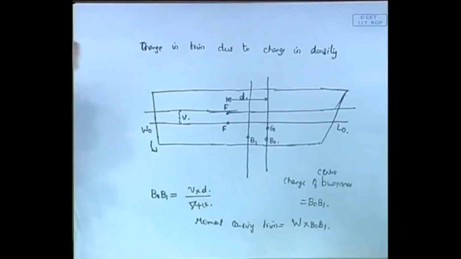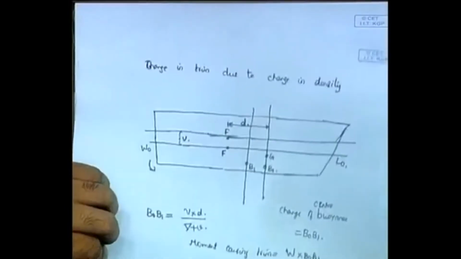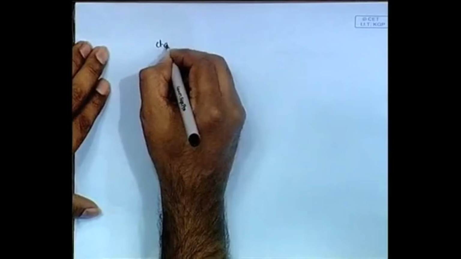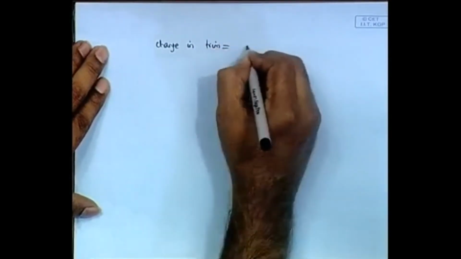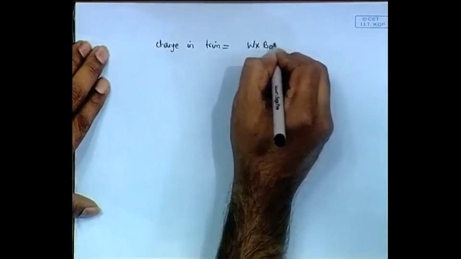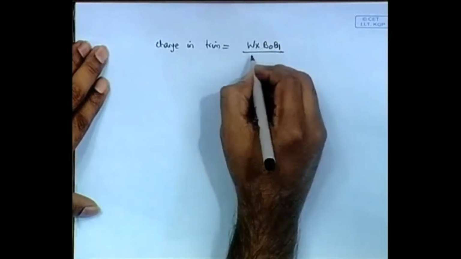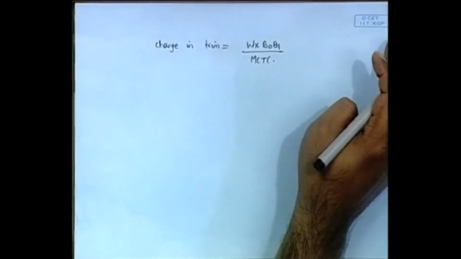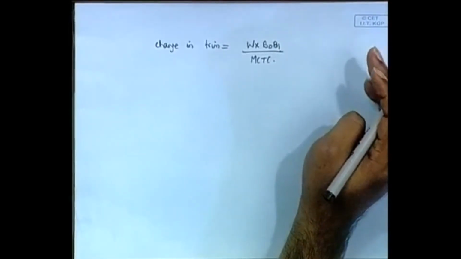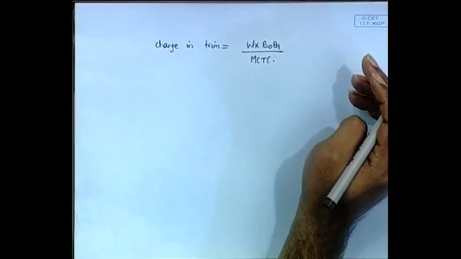Therefore W into B0 B1 will give you the moment causing trim, and therefore the change in trim becomes W into B0 B1 divided by MCTC. Okay. This is the direct formula. We say that the change in trim is equal to the moment producing the trim divided by MCTC. Moment producing trim is W into B0 B1.